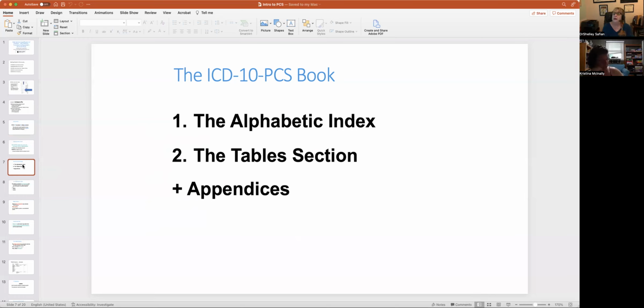But the alphabetic index can be very handy, especially in these beginning times when you're trying to get your brain to separate and reinterpret a term that's used in CPT that is not used in PCS.